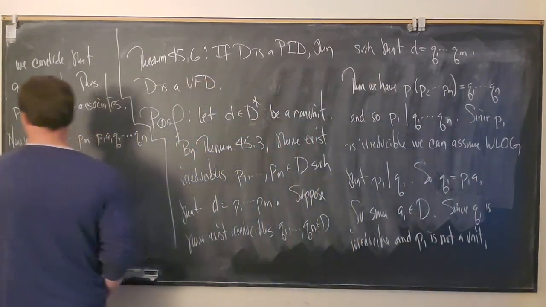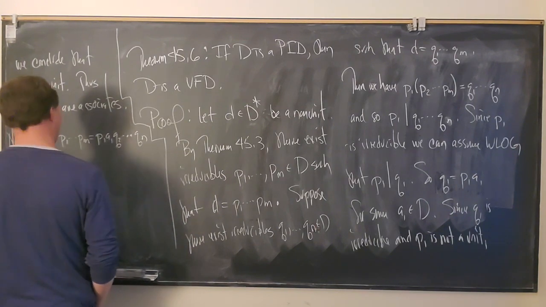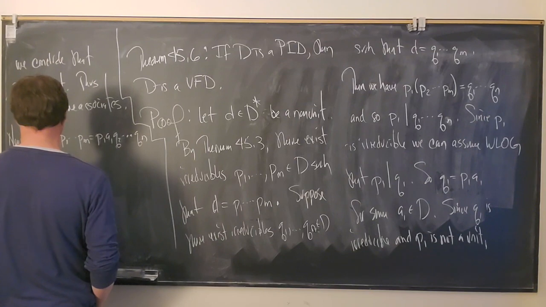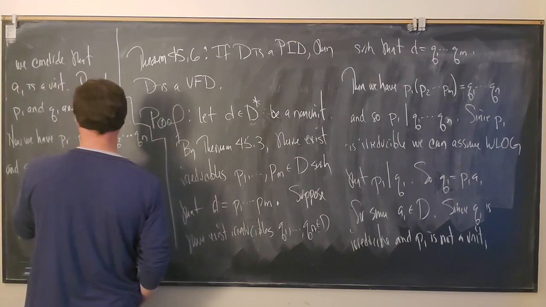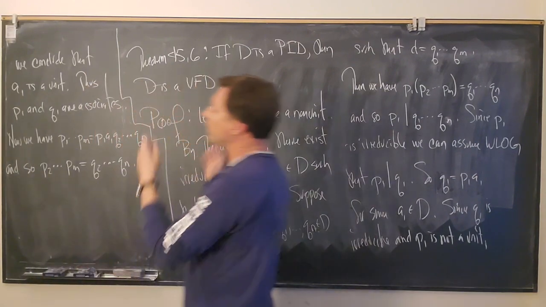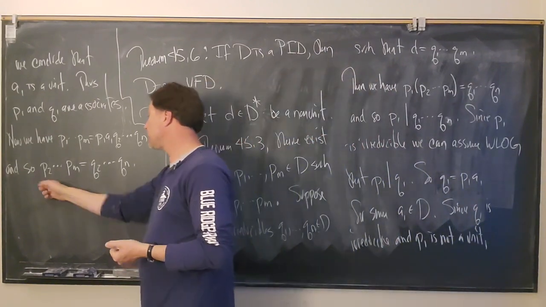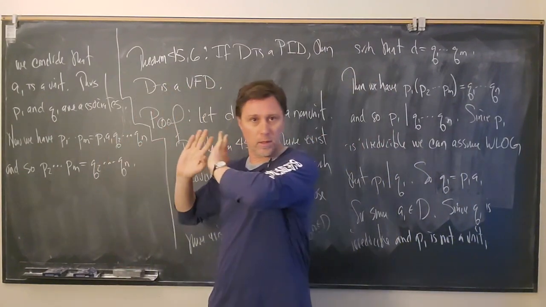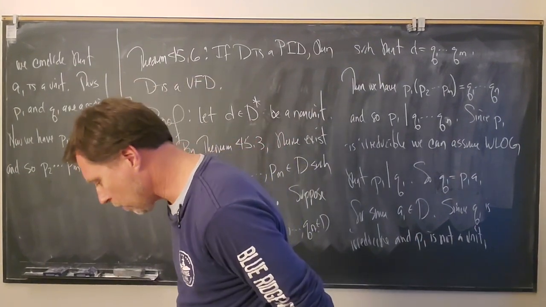And so cancel the P1s and we get P2 dot dot dot Pm equals Q2 dot dot dot Qn. And then you can just repeat this process. We'll be able to show that up to ordering P2 and Q2 are associates. Cancel that off.